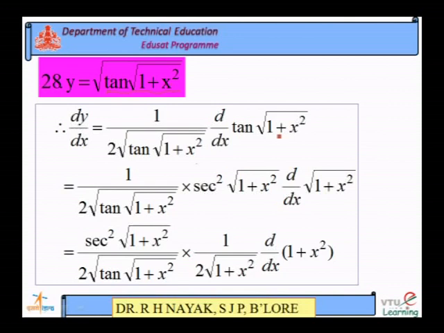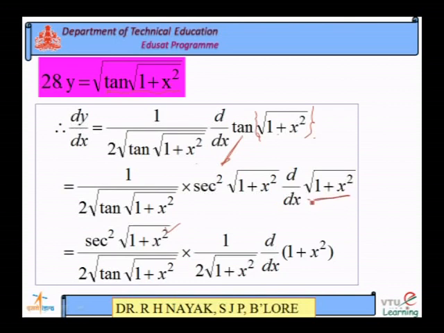Tan function differentiation is secant square of function into d by dx of function. What is the function? The function is root of 1 plus x square. Again, secant square root of 1 plus x square is the numerator, and the denominator is 2 root of tan root of 1 plus x square.